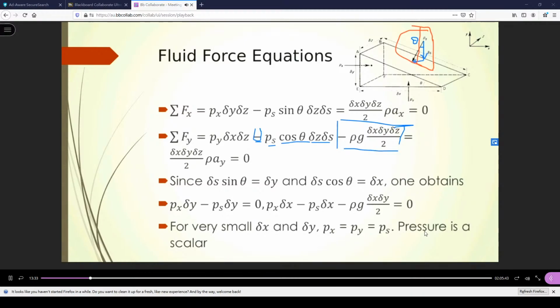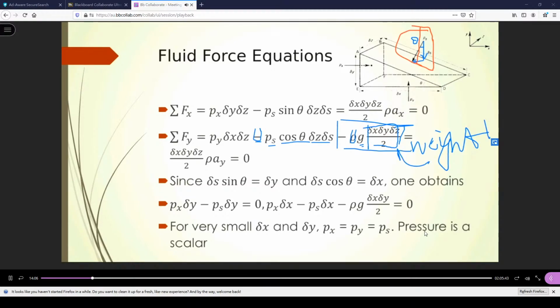Weight is mg. So g is acceleration due to gravity, density, you know what it is, and this is the volume. So this term is the weight of the fluid.